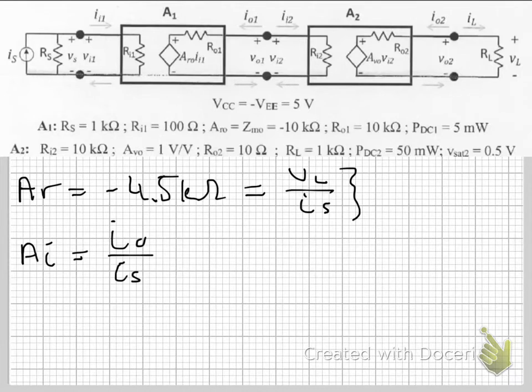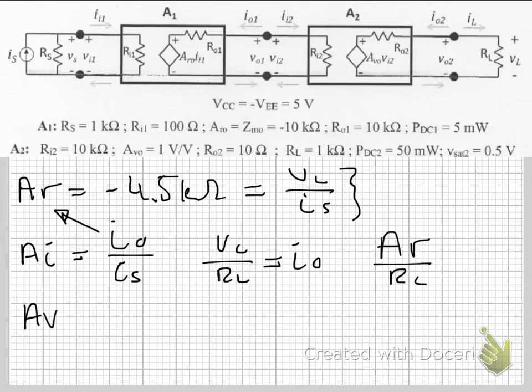So if you simply take your transimpedance gain and divide by the load, basically changing VL over RL is equal to IO, that is how you would get your current gain from your transimpedance gain. It's A of R over R of L.